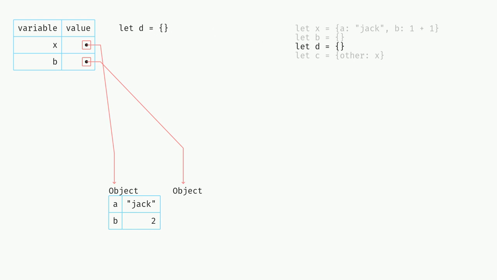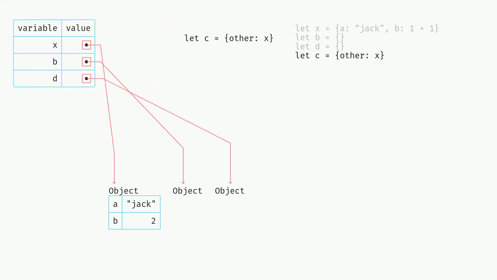It is important to note that the interpreter creates a new object every time it evaluates an object literal. Objects can contain references to other objects since references are values.